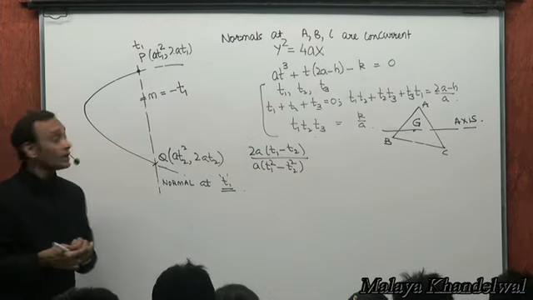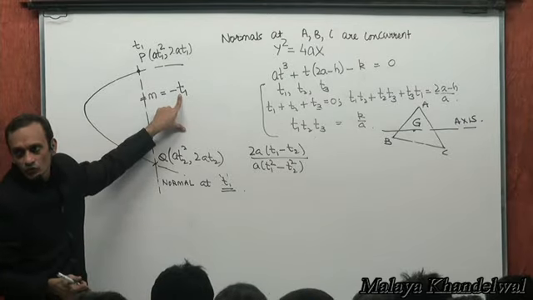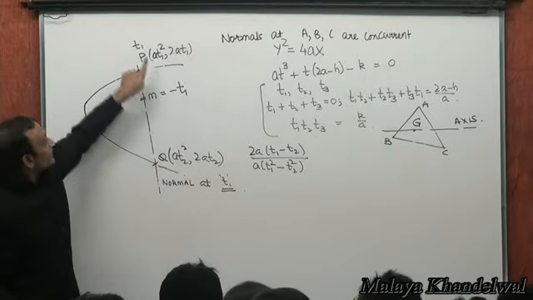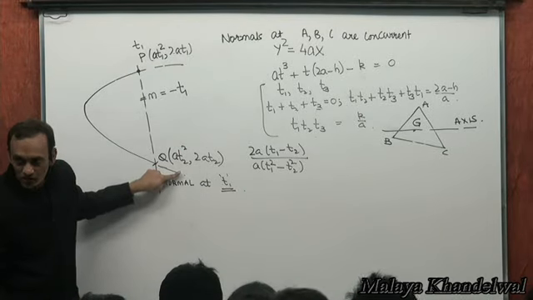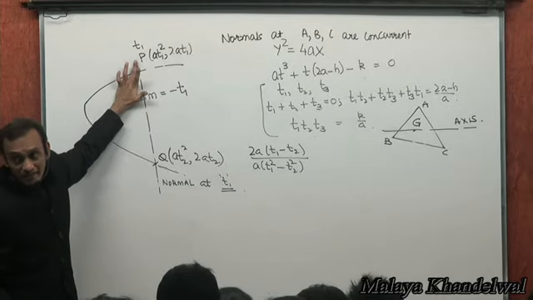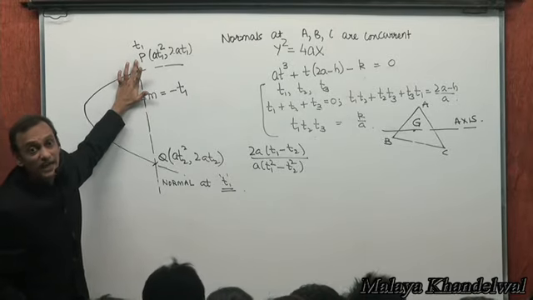Slope of PQ is y2 minus y1 divided by x2 minus x1, which is this. And that must be minus t1 because it's a normal at t1.